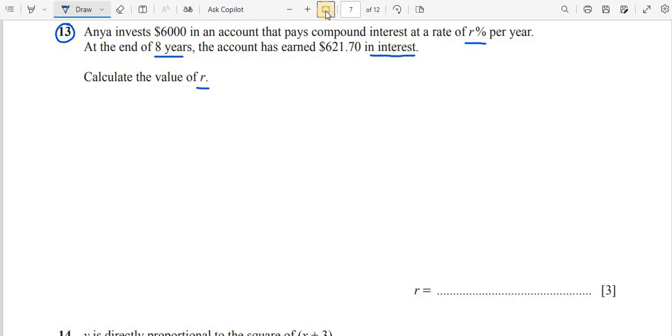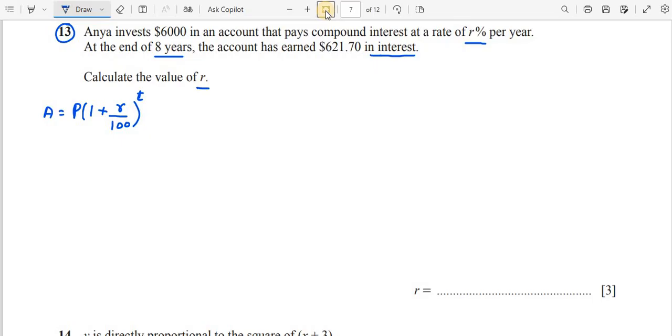We use the formula A is equal to P times (1 plus R over 100) to the power T, where A is the amount and P is the principal.